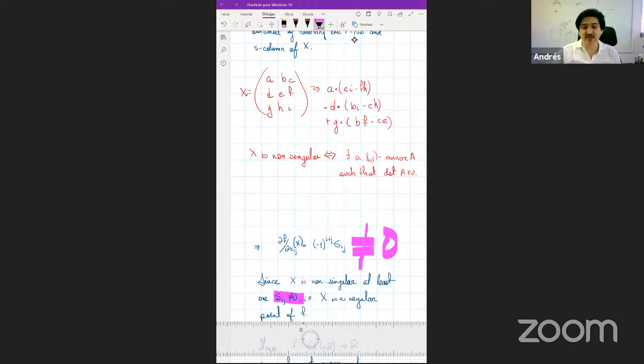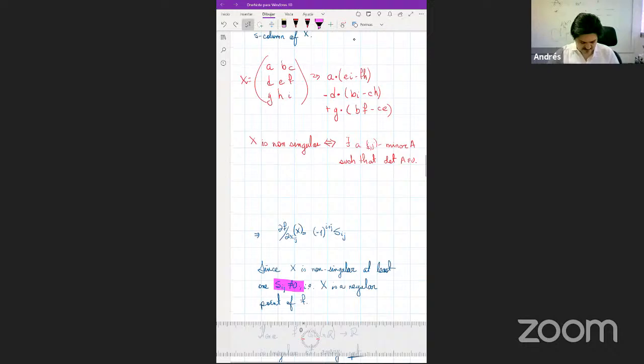A critical point is every partial derivative equal to 0. Since here we find at least one that is non-zero, x cannot be a critical point. It must be a regular point. So up to here, Moises?